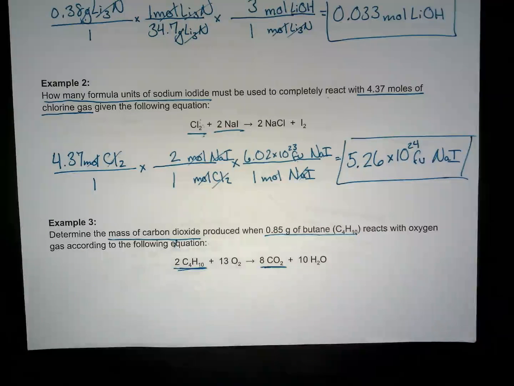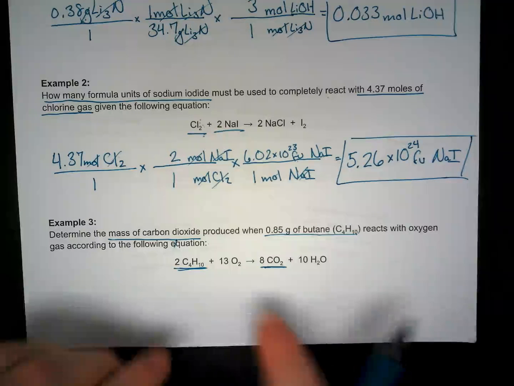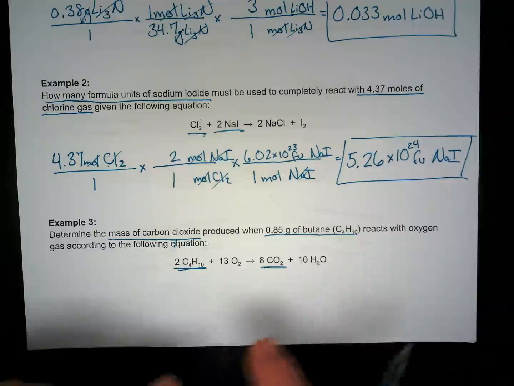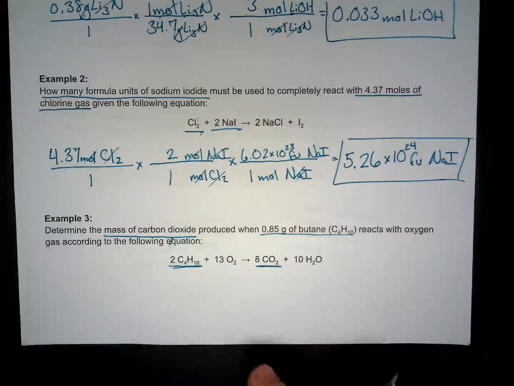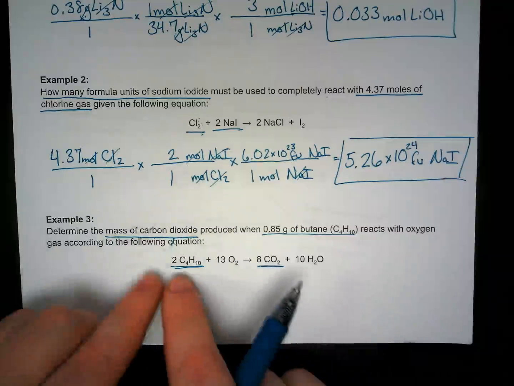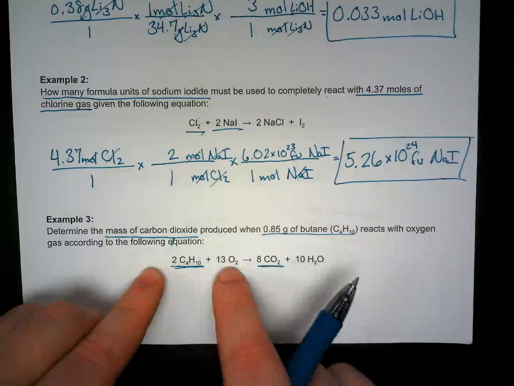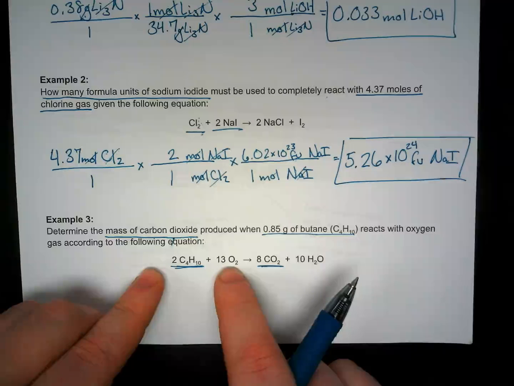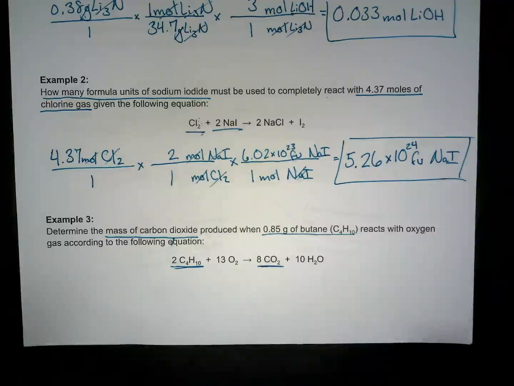We don't have to do anything with oxygen mathematically in order to complete this. Why? Because the ratios are still the same. We're going to be using the molar ratios, the coefficients in our balanced equation, to figure out how much of this stuff was produced. Because again, 2 of these will always react with 13 of these. Okay? So we don't have to worry about this.